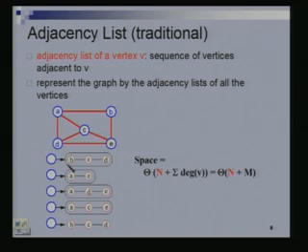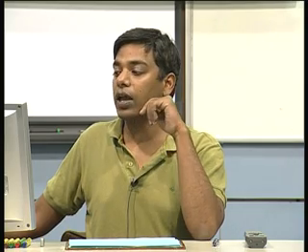Here we actually have no mechanism of storing edges really. We are not really storing edge information. We are storing information only with regard to vertices. Given a vertex, what are the adjacent vertices? Any information regarding the edges can be easily obtained. So what information regarding the edges do you want? The end point of this slide?